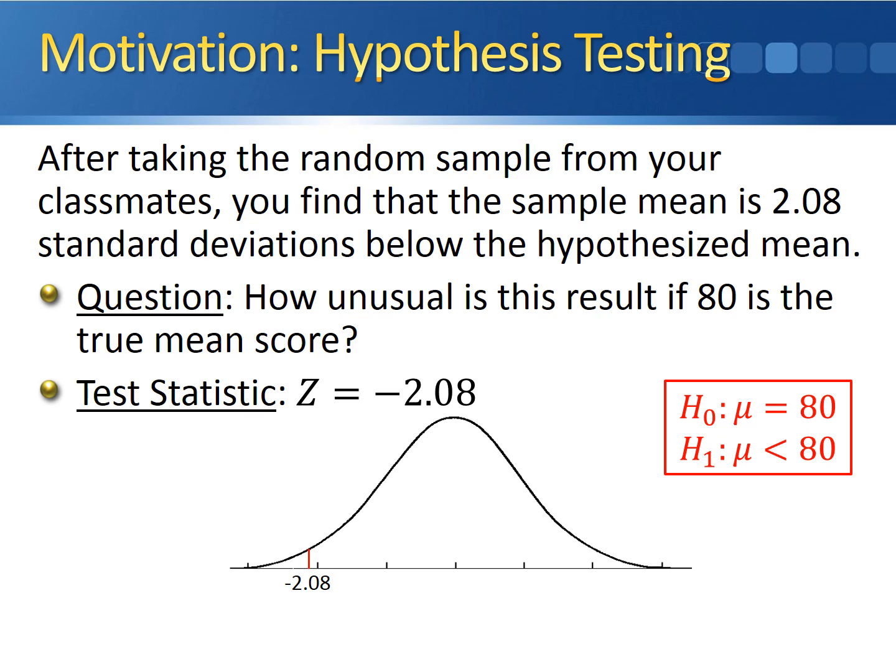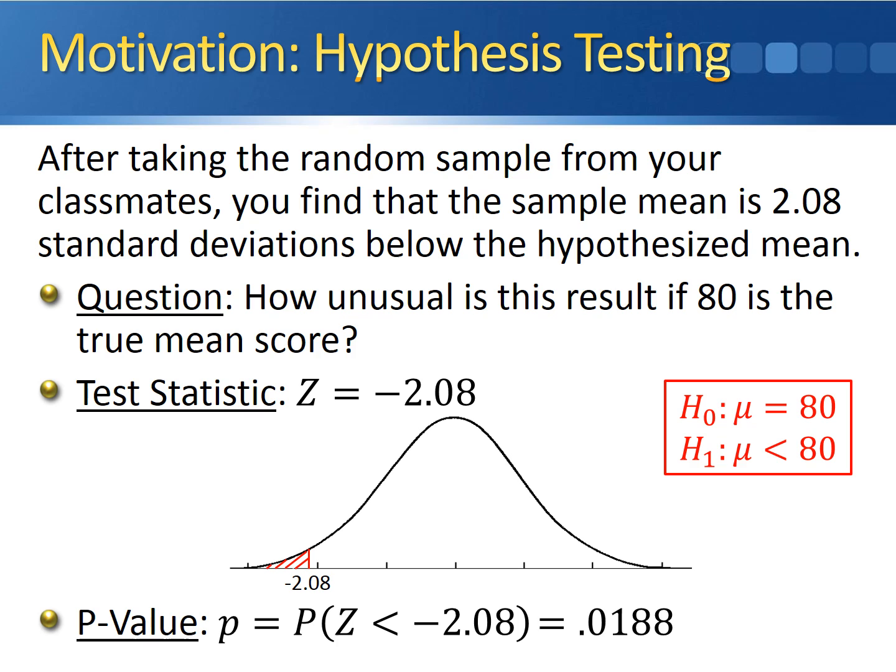In this case, since we have a lower one-sided test in the alternative hypothesis, the p-value is going to be the area to the left of negative 2.08. So, since we're working with the standard normal distribution, the p-value is the probability that z is less than negative 2.08. Looking this up inside the standard normal table, we find that this probability is 0.0188.